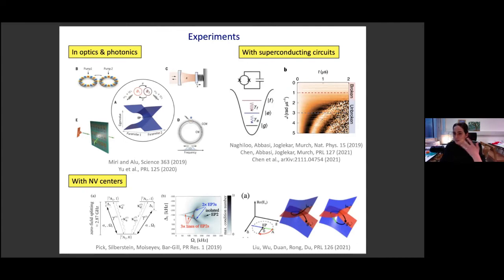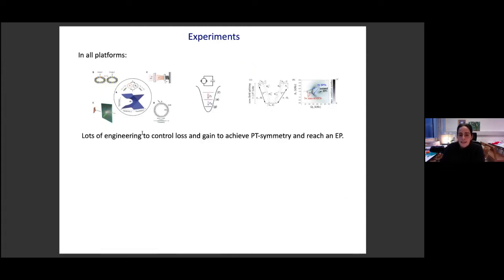But just to tell you that there is interesting stuff happening at this point. What is common in all these experiments is that they require lots of engineering to control the loss and gain to achieve PT symmetry and reach an exceptional point.